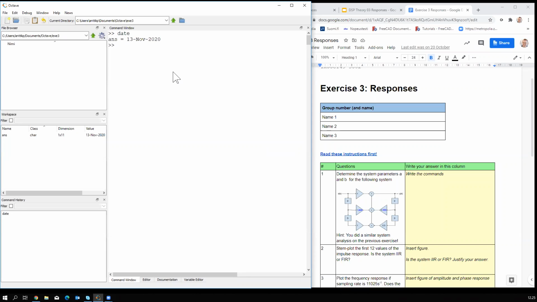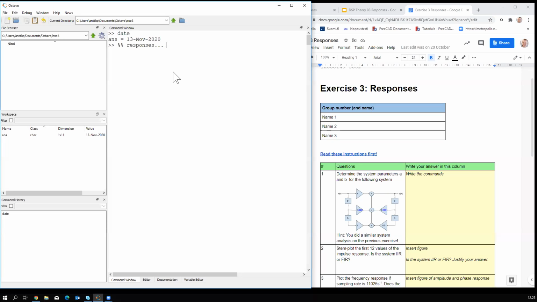So this Octave exercise is about the responses. So responses, we had the impulse response, step response, frequency response, and then from the frequency response, you can calculate amplitude or magnitude response and phase response.